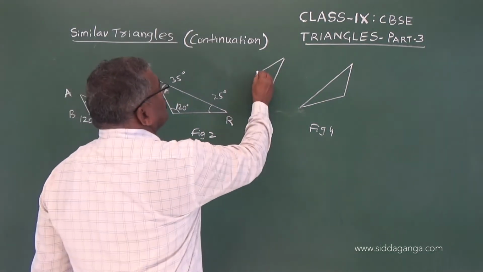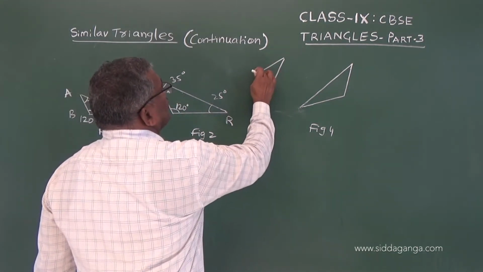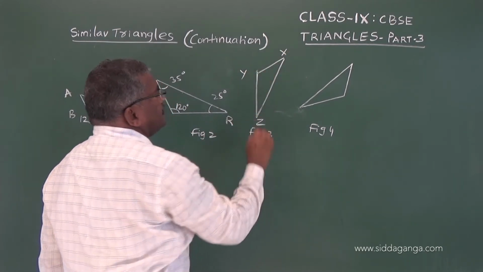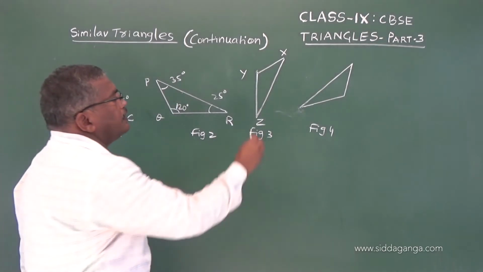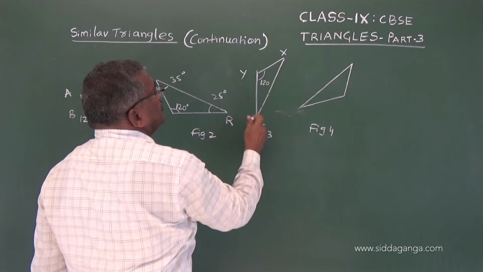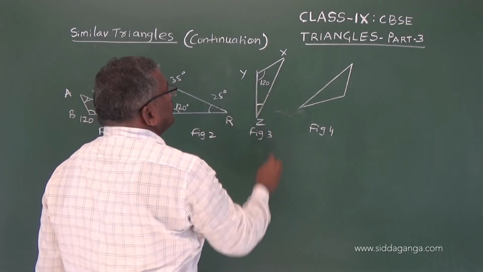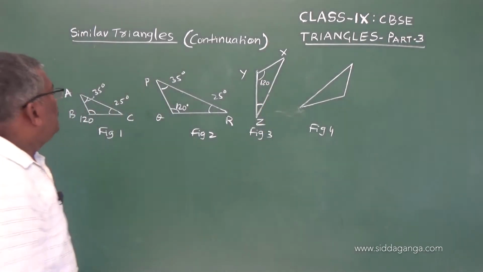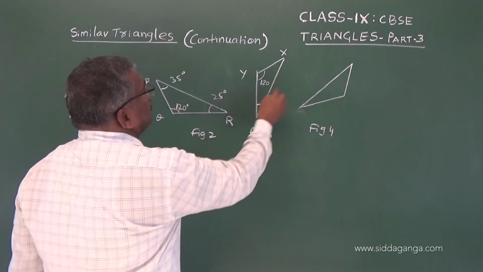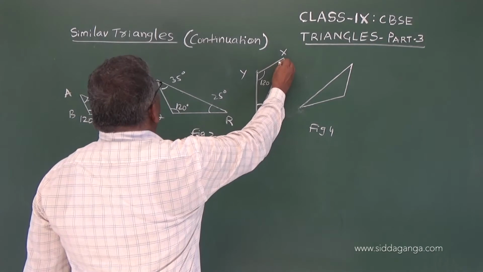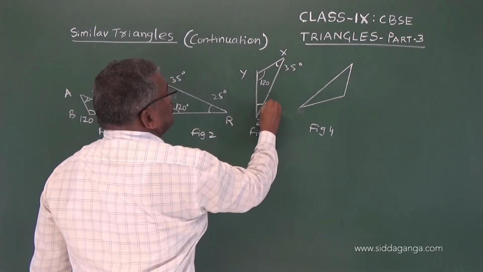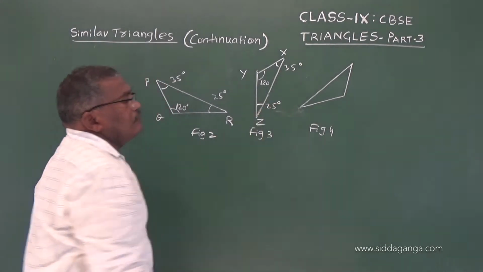In this case, I will call this X, Y, Z. Here this is 120 degrees, this is 35 degrees, this is the short side, and this is 25 degrees.